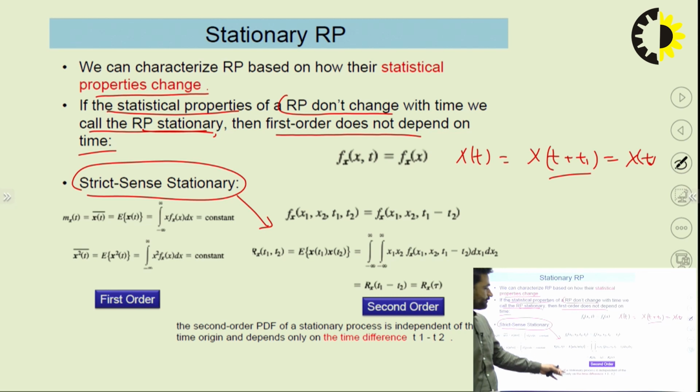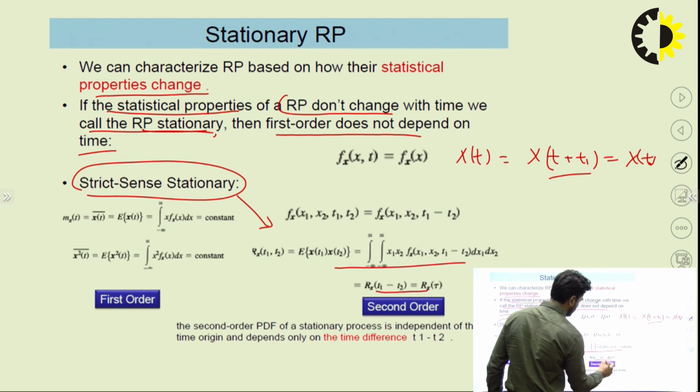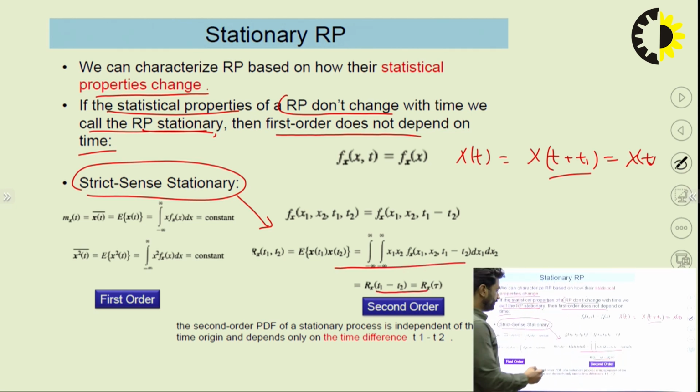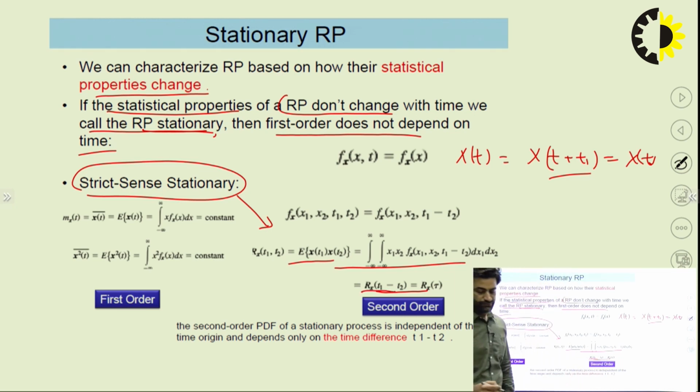In second order, when two random variables are compared, it is also independent of time; the ACF is a function of only the time difference.